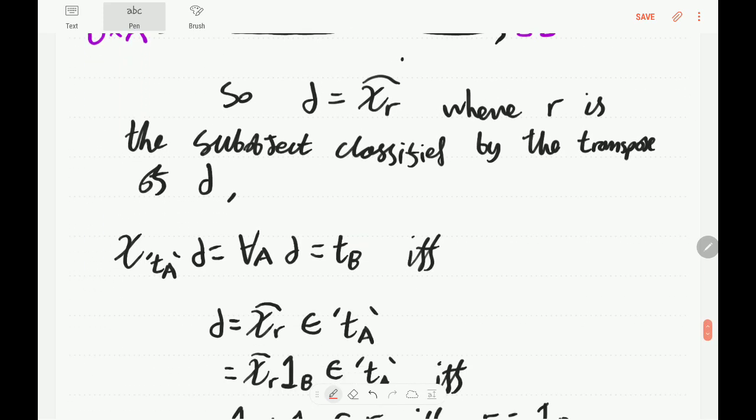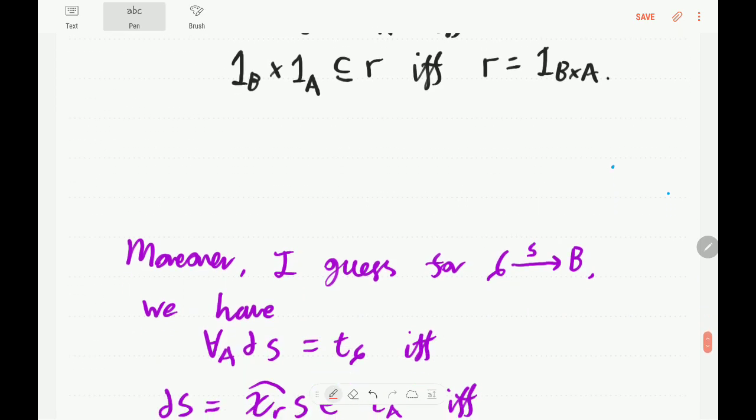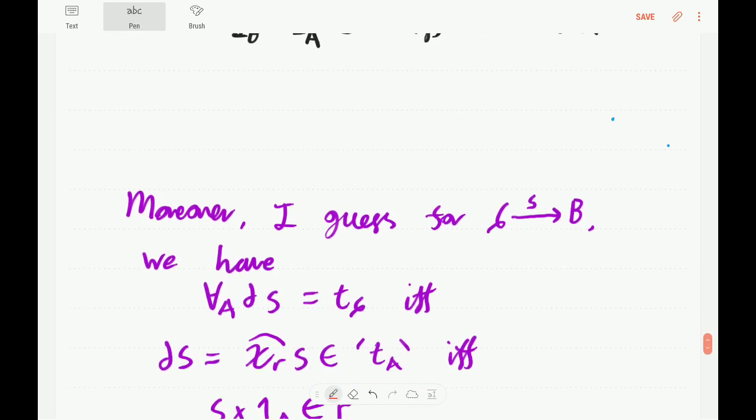Okay. Now let's do another case, which I think is a slight generalization of what I've just gone through the algebra of, but I think the algebra still works just as well when S is not a monic. So if S is just an arrow from zeta to B, I think all the algebra still holds.